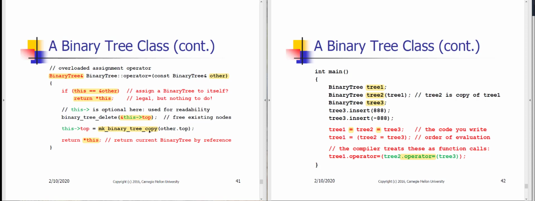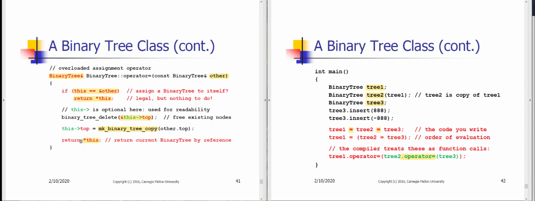Then we make a copy of L tree 3 using make binary tree copy of L tree 3 dot top, if you will. Other is a reference to L tree 3. L tree 3 does contain two values, 888 and minus 888. So we get a copy of that two-node tree, and L tree 2 now has its top variable updated to point to the topmost node of that copy.